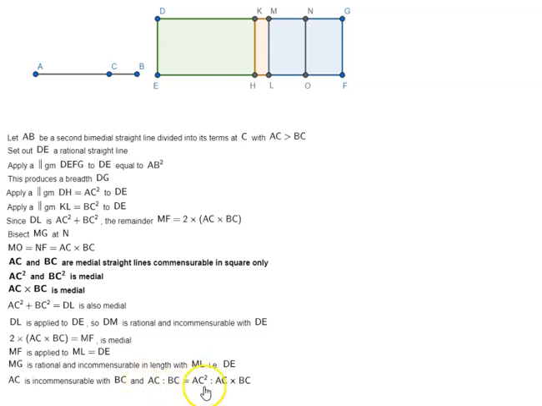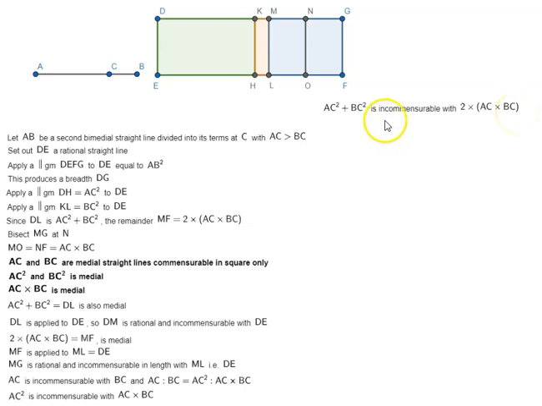AC measures AC square AC times and BC measures AC by BC AC times, so the same number of times. We have AC square incommensurable with AC by BC. Why? Because AC is incommensurable with BC. AC square plus BC square is incommensurable with 2 times AC by BC.